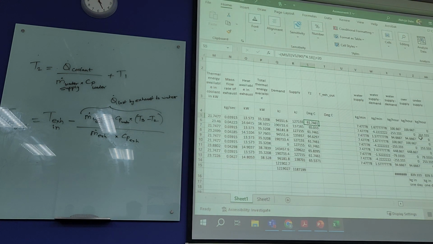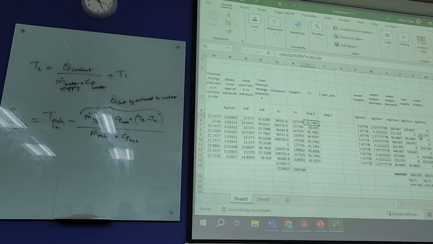I think to change to liters per day is times density. Yours is okay. Density is kg per one liter. This is water, basically kg per liter.